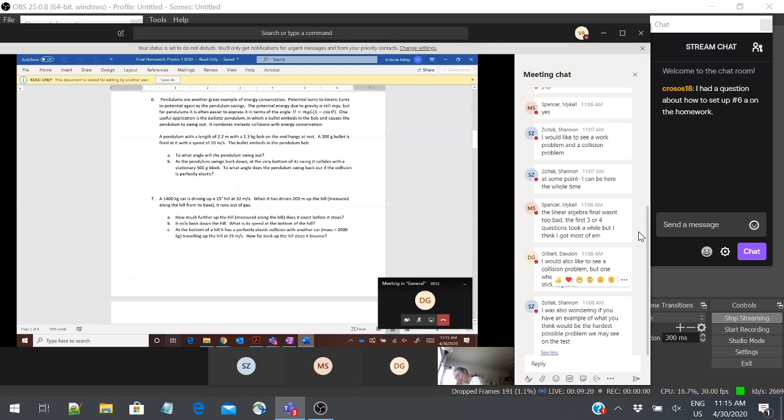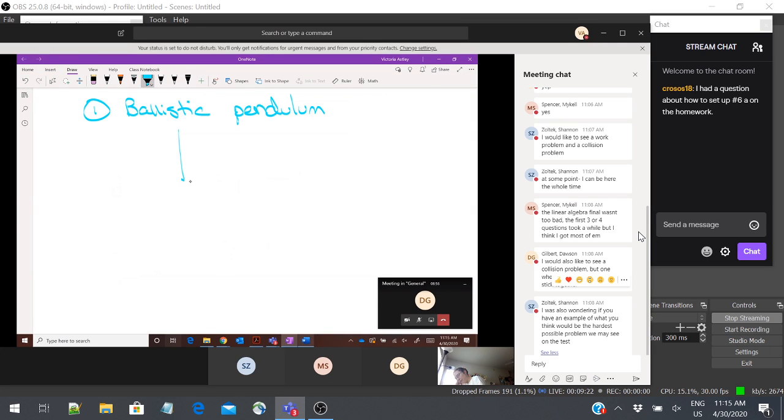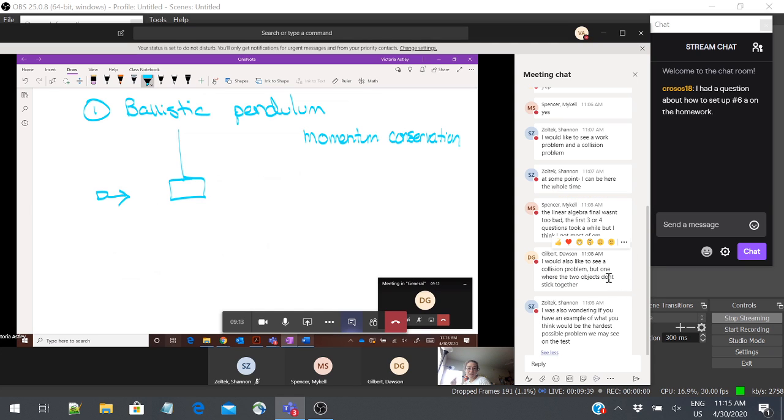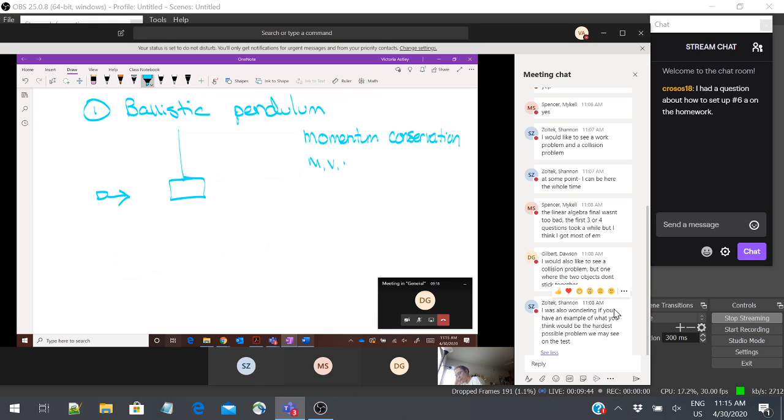So you have a momentum conservation, and this is one where they stick together. It would be m1 v1 plus m2 v2 equals (m1 plus m2) v final. This is one-dimensional, so we only need to worry about the x direction.